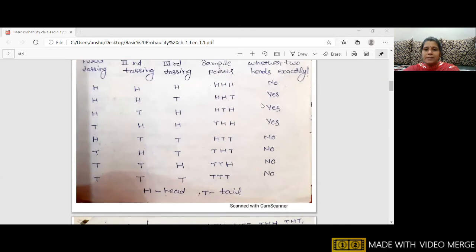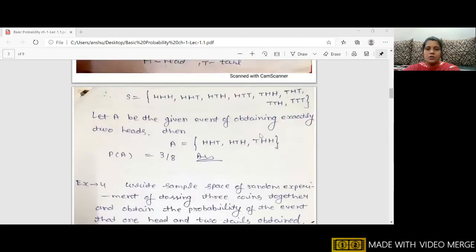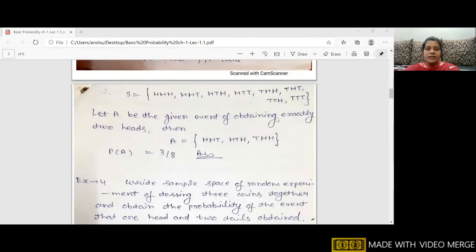Two heads means HHT, HTH, and THH. Then the set A is equal to {HHT, HTH, THH}. The total event is 1, 2, 3, 4, 5, 6, 7, 8, so in the denominator we write 8.